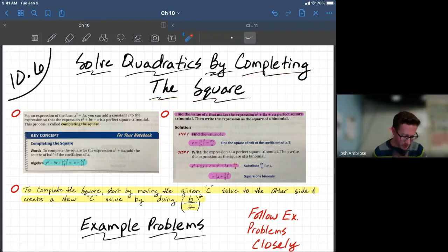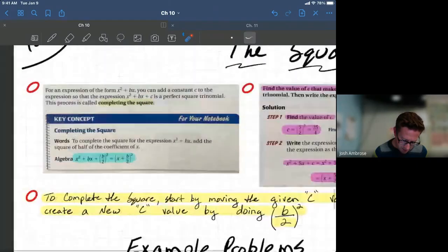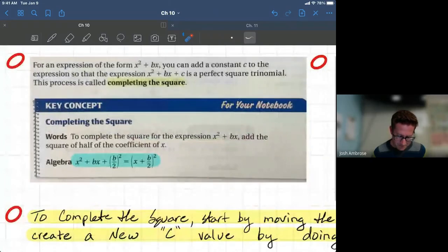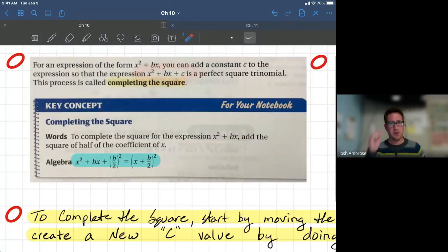All right, so when you use completing the square, let's zoom in here. Here's your format. That's always your standard format, x squared plus bx plus c, where you're going to have a number that's b, you're going to have a number that's c. But for these problems, the value of c, the constant c, is not going to create a perfect square trinomial.